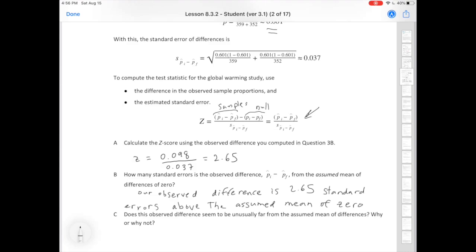Okay, that's exactly what a z-score is. Remember, that's the number of standard deviations.